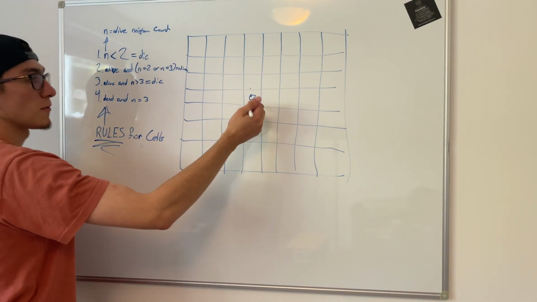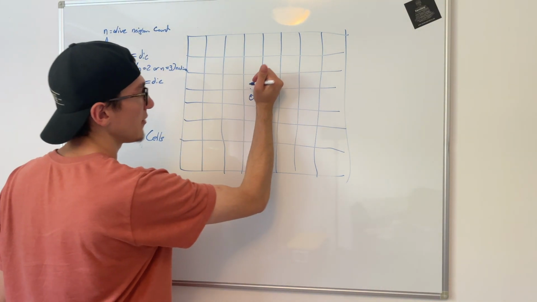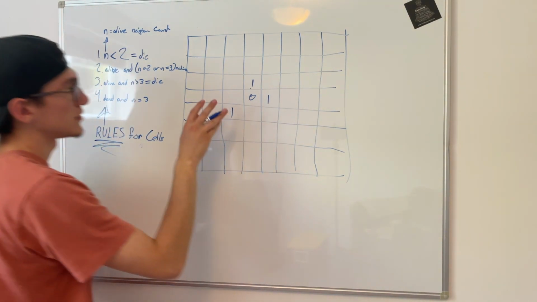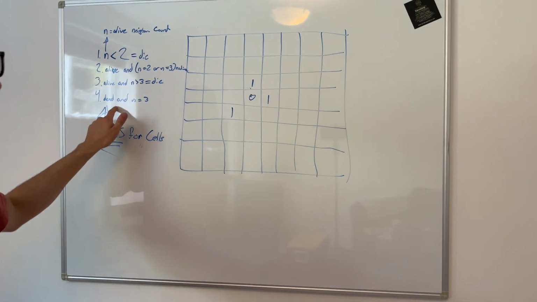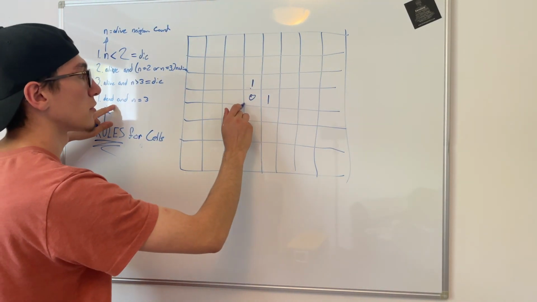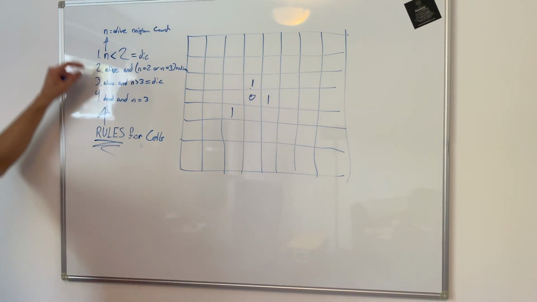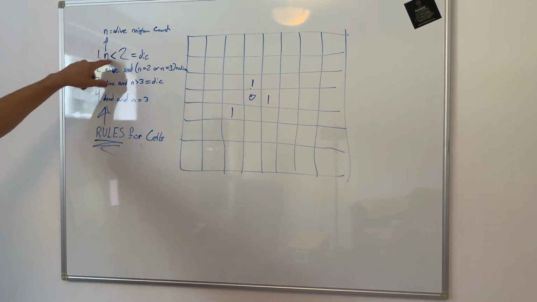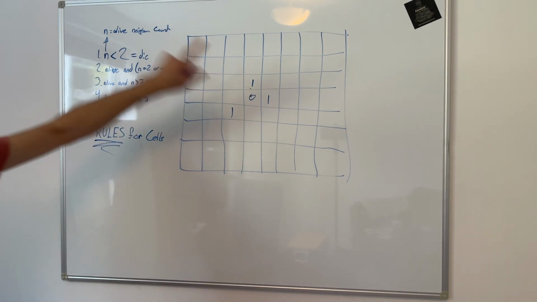So let's say this one is dead, and we have this one and this one and this one that are all alive. Let's say we're looking at every cell and now we're looking at this one. First rule, not applying. Well, n is less than 2? That's not the case, right?